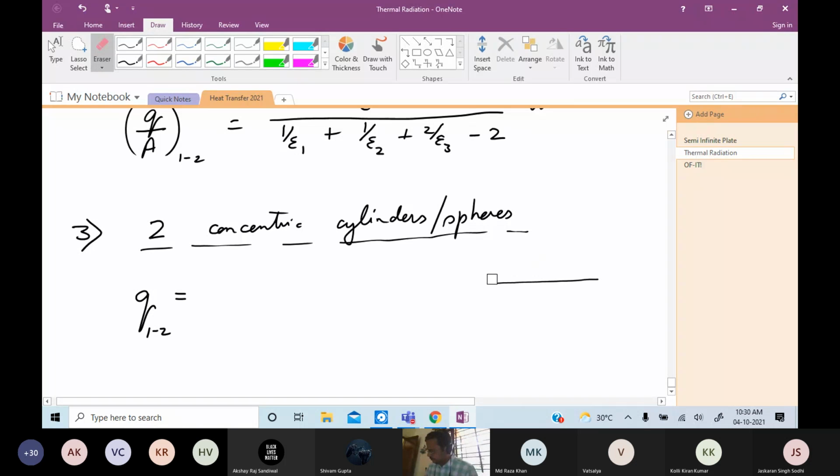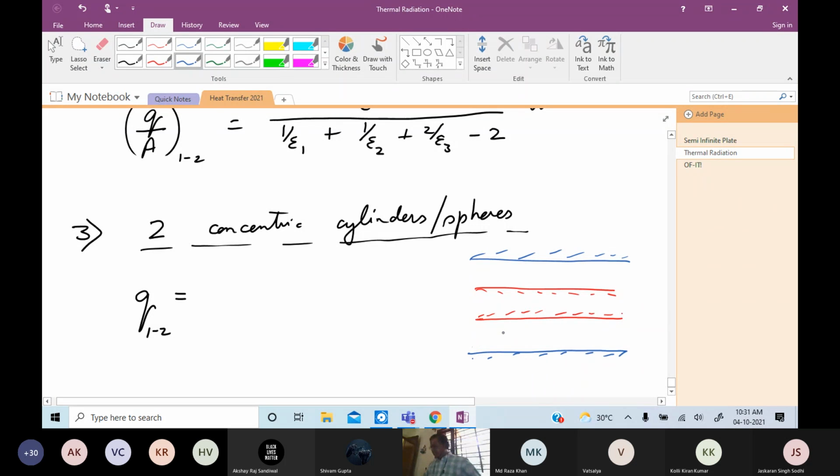Sorry. Red for surface one. Blue for surface two.